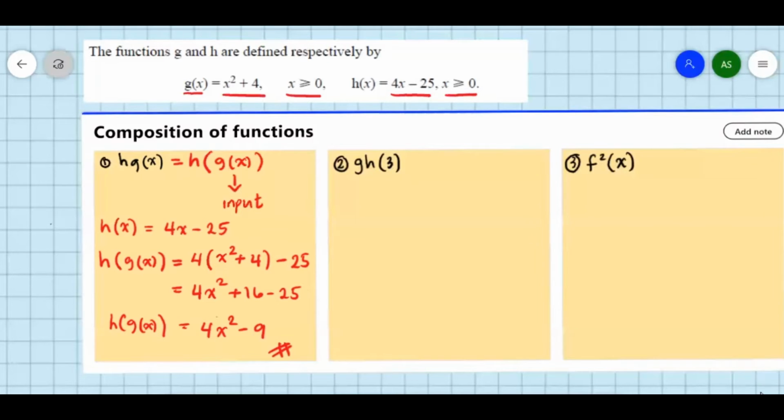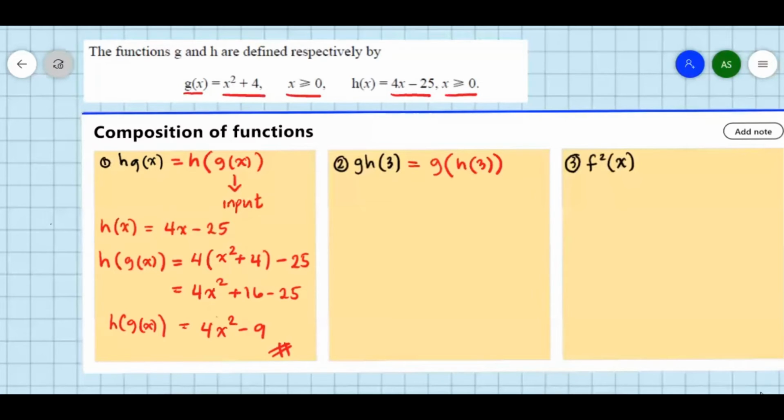Now what if this time around we are going to find gh of 3? You can see the difference from example number 1. This time around it's g of h, not h of g. In other words, we are finding g of h of 3. You understand?